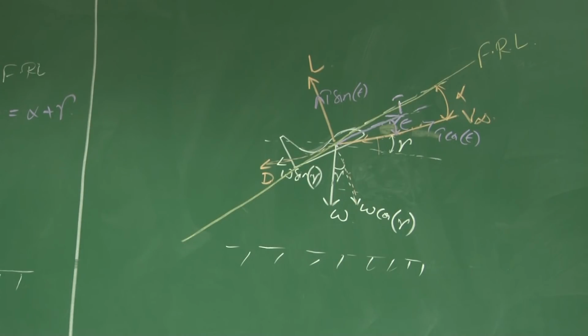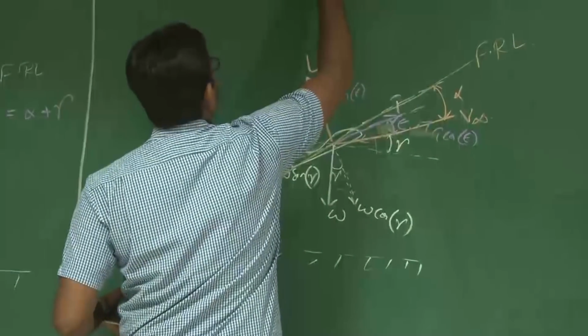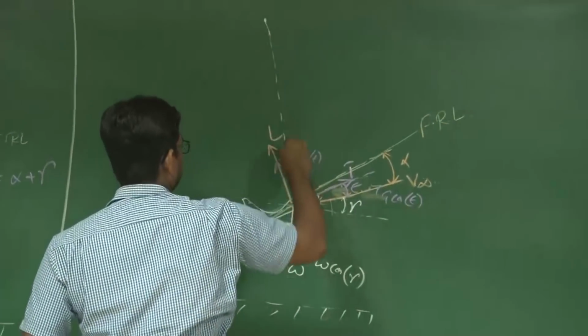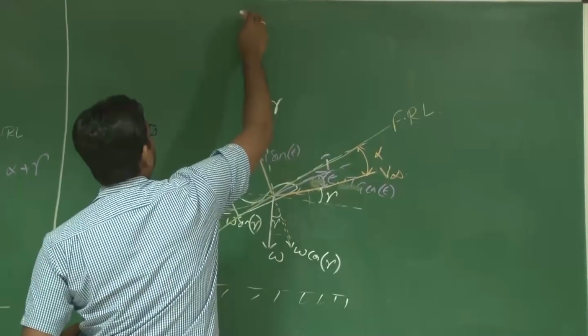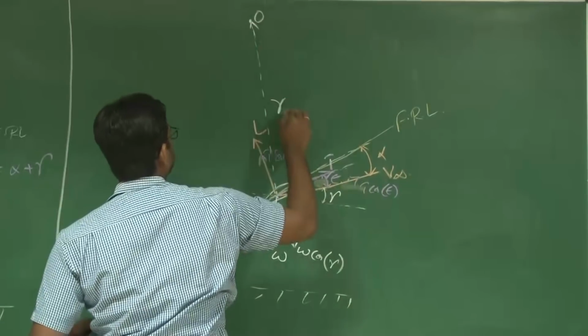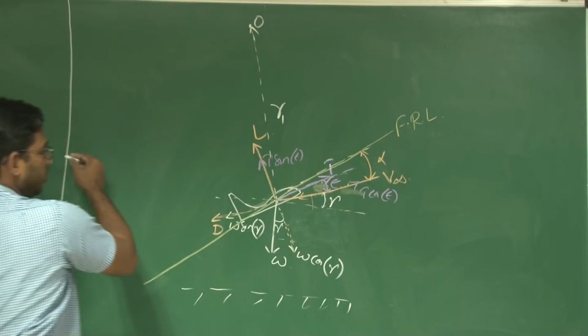Now let us write equations of motion for this case. Say this particular aircraft is rotating in this vertical plane about a center point O, which is of radius R1. Right? This is performing a loop at the same time.